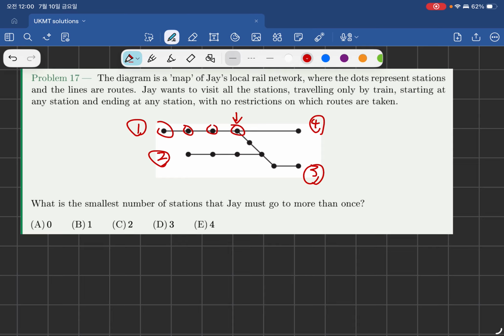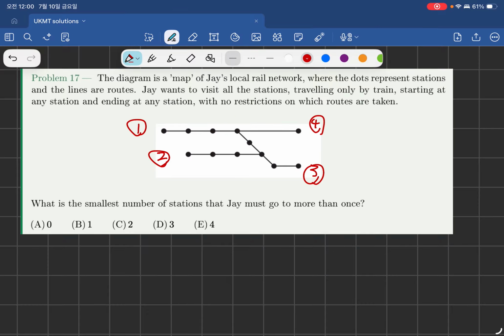And same for station 2, there are 4 stations on its way. And for station 3, there's only 3 stations. And for station 4, there are only 2 stations from the intersection.